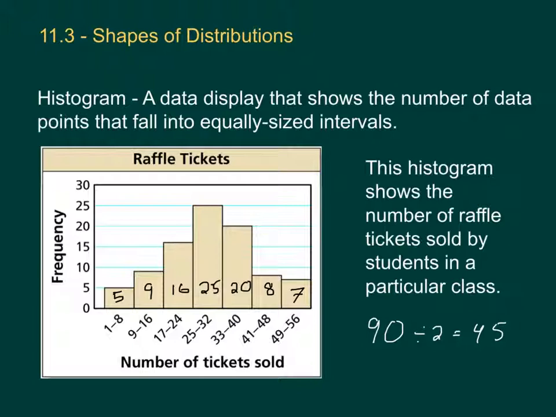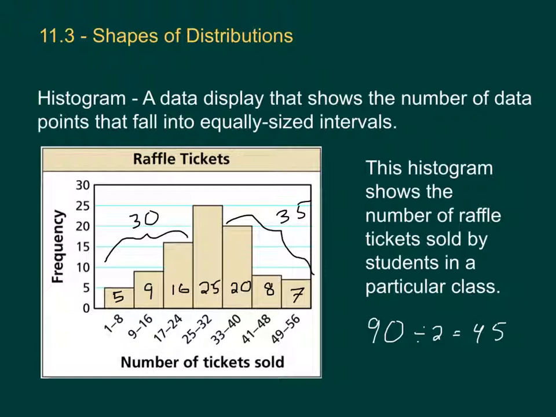If we look at the first 3 intervals here, there are 5 students, then 9, and then 16. While we don't know the particular numbers of tickets that they sold, we do know that those account for the first 30 students. Similarly, on the right side, if we look at the final 3, that's going to account for 35 students.